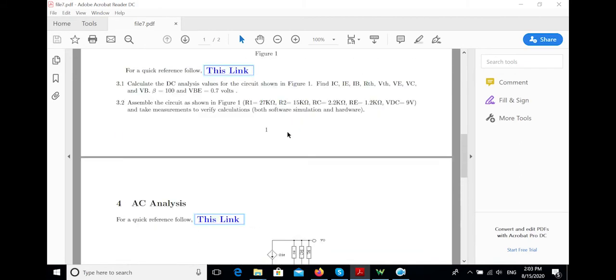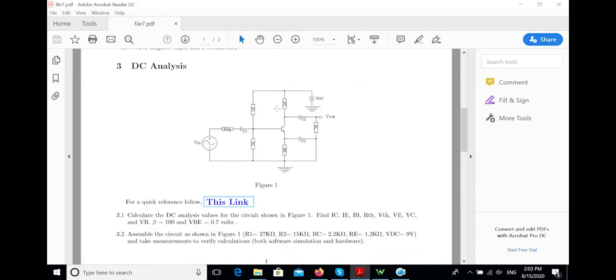The circuit is again figure 1. You don't need to change anything. The only thing that you need to do is to measure V out and see the gain from the output to the input.